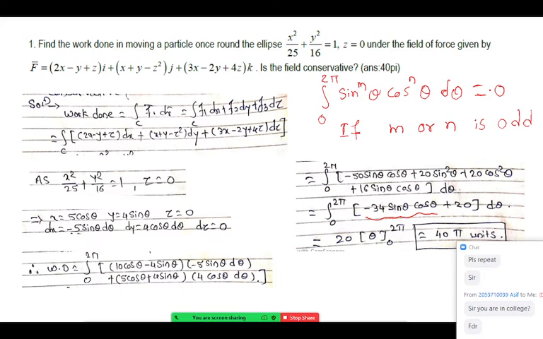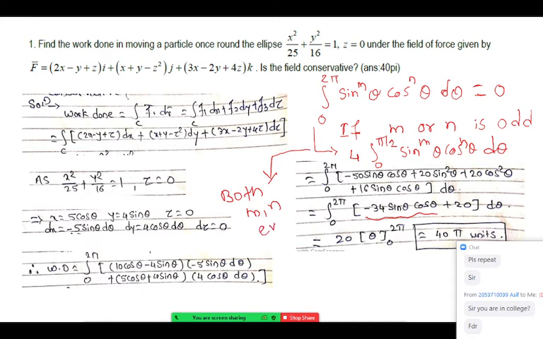The value of this integral becomes 4 times the integral from 0 to pi by 2 of sine raised to m theta into cos raised to n theta d theta, provided both m and n are even. If both m and n are even, then only it becomes 4 times, and then we get a non-zero value.